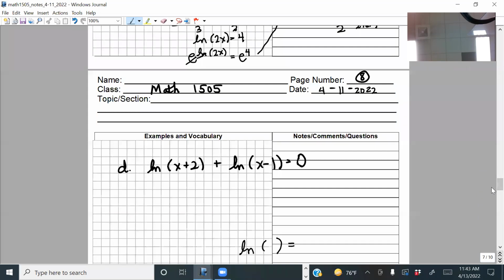There it is, right? So you see there you had sum of logarithms, right? So you can rewrite that as log of a product. So it's natural log of x plus 2 times x minus 1 equals 0.